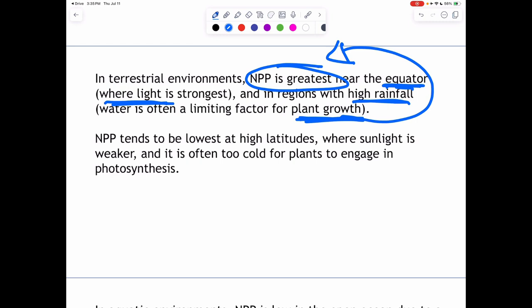Now, on the other hand, it's going to be low at these high latitudes, so this would be the Arctic or the Antarctic. This is because we have low sunlight, again needed for photosynthesis, and it's too cold for plants to survive. All of those factors contribute to this lower NPP.